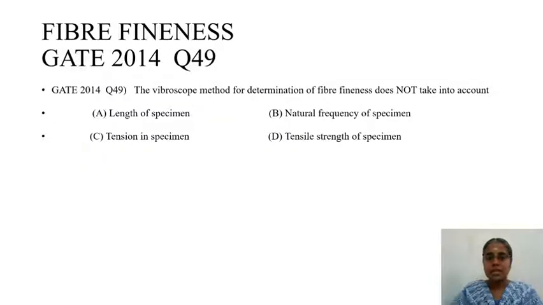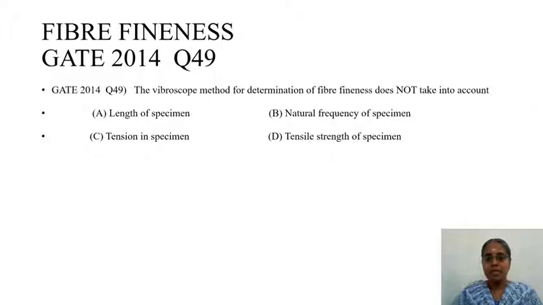This question, GATE 2014 question 49, is related to the vibroscopic method of fiber fineness. The question asked is, for determination of fiber fineness using this method, what are all taken into account? It is related to frequency.